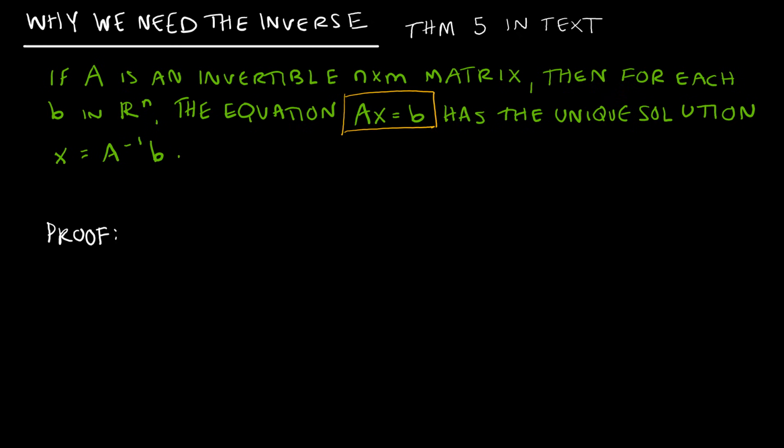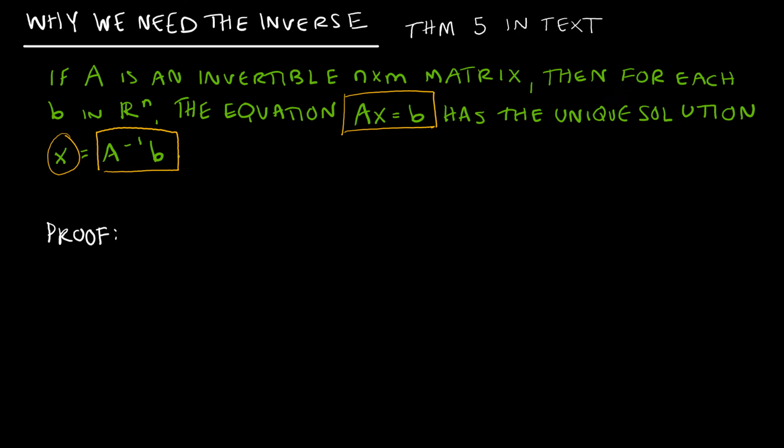When we solved those, we created an augmented matrix using the matrix A and the vector b and solved for x. Now we can find x by taking the inverse of A multiplied by vector b, and that's going to give us our unique solution, x.